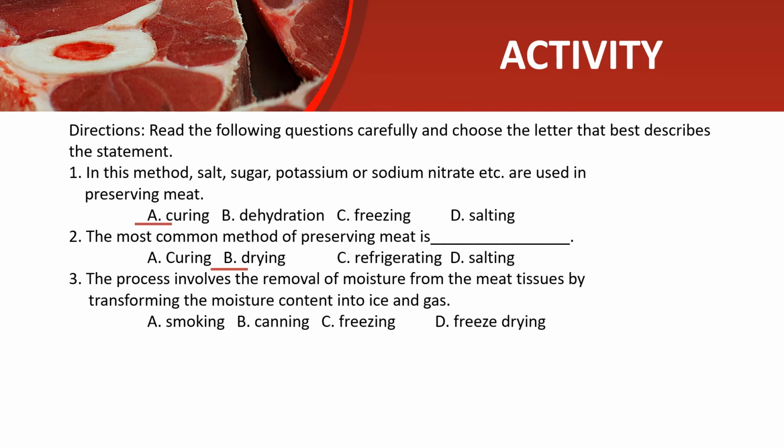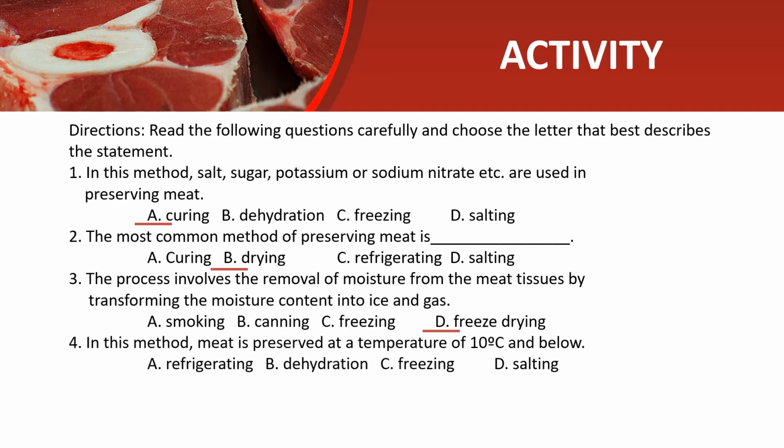Number 3. The process involves the removal of moisture from the meat tissues by transforming the moisture content into ice and gas. Letter A, smoking, B, canning, C, freezing, or D, freeze drying. And the correct answer is letter D, freeze drying.